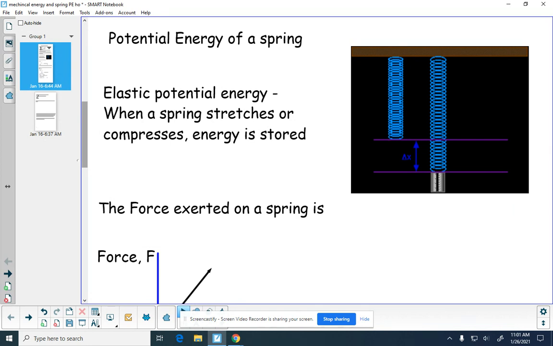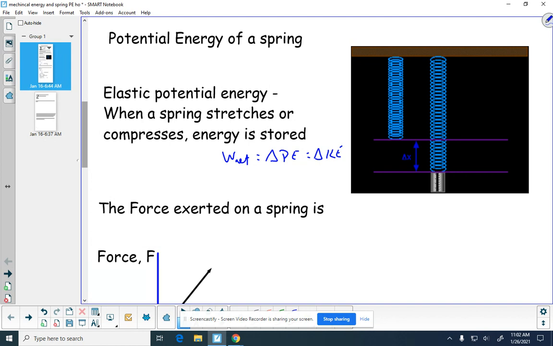And work, once again, is equal to your change in potential energy and your change in kinetic energy. Your net work is the change in potential plus the change in kinetic energy. It's what we've talked about already.